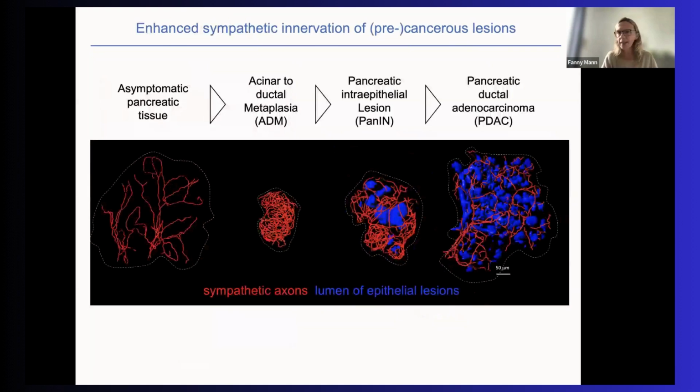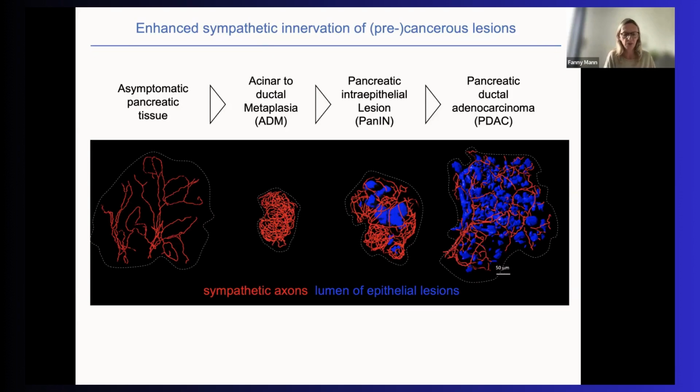So to extend and to confirm these findings, we have performed a reconstruction of the sympathetic terminal innervation across the different stages of cancer development. So from acinar to ductal metaplasia to precancerous pancreatic lesions and invasive PDAC.